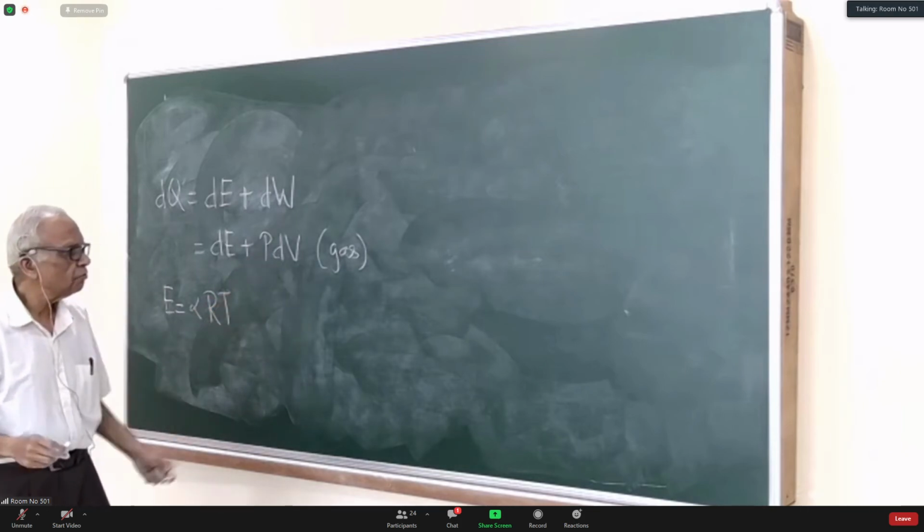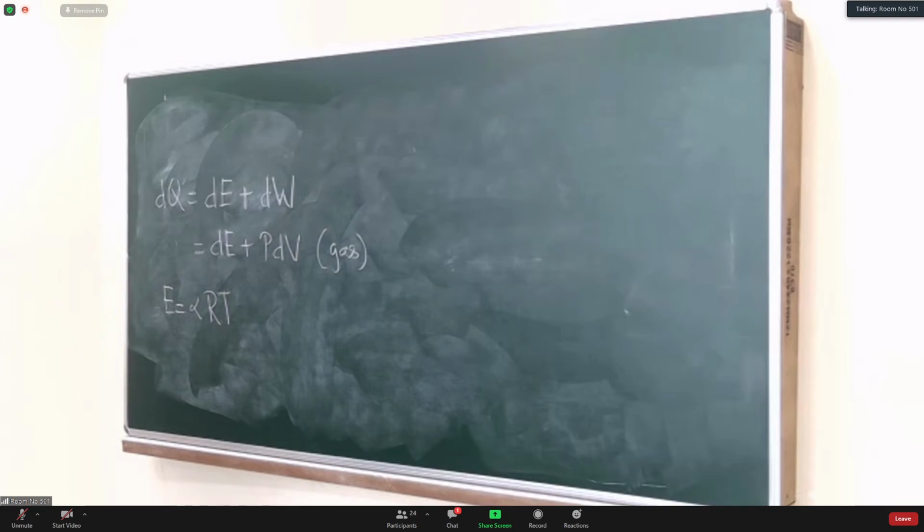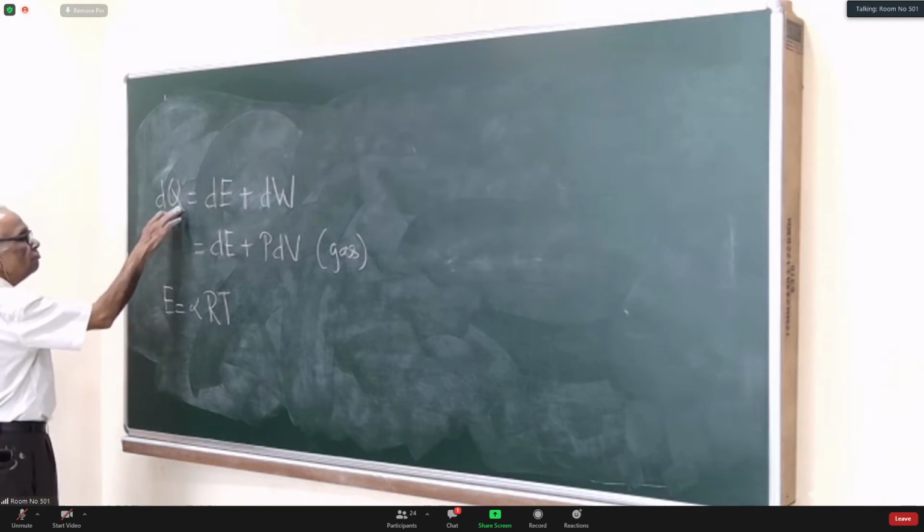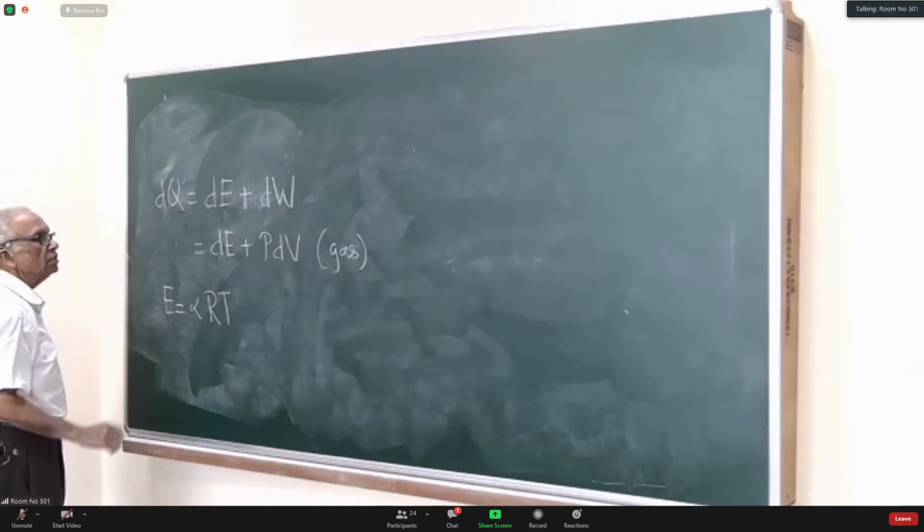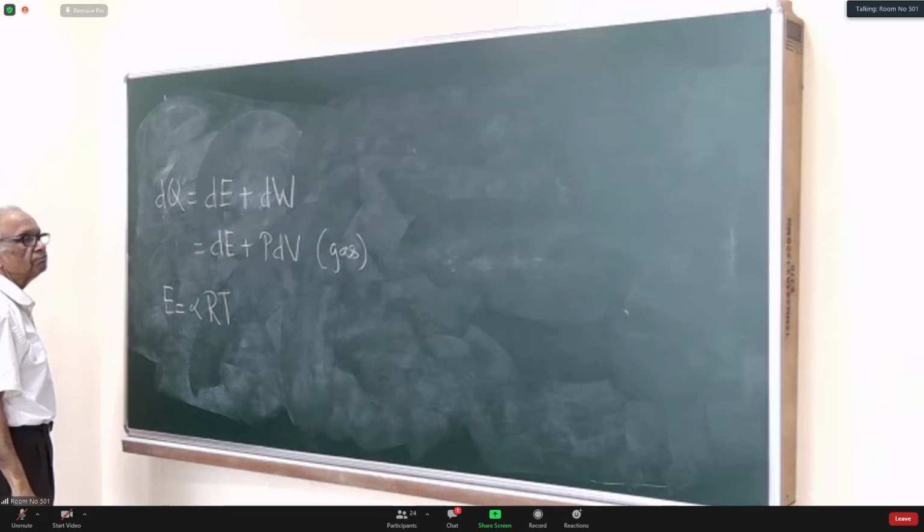I understand what PdV is. It is the amount of work that you need to do if you want to push a piston up in a cylinder. And now the point is that the sum of them defines a new function, which is this dq over here.